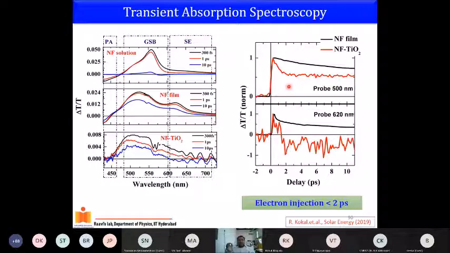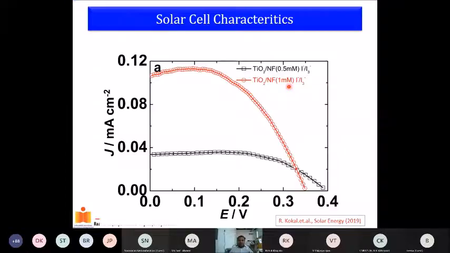So now you have a dye which is very cheap, which you put on titania, is found to be injecting, and it's a matter of us trying to optimize the device to get the efficiency. The first trial is with the iodide electrolyte, and this iodide electrolyte started showing some photo action, but the only problem is that the efficiency is 0.02%, and it was found this iodide is so corrosive that this dye is getting peeled off within no time.